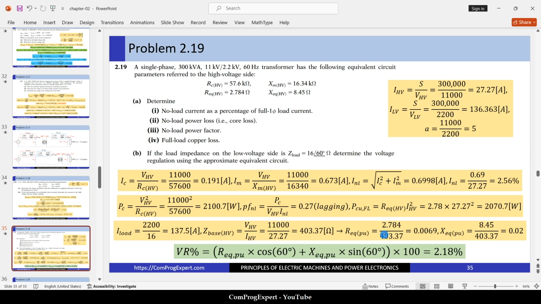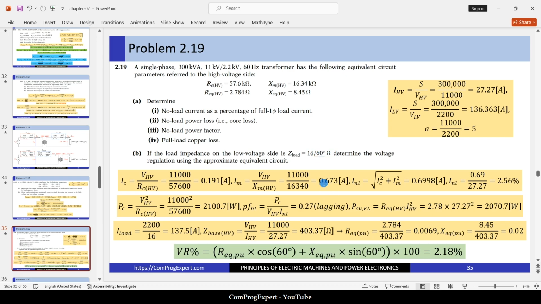Then we can calculate the R equivalent and X equivalent in per units. Yes, these two numbers. You can replace what is the value of the load impedance angle, which is 60.